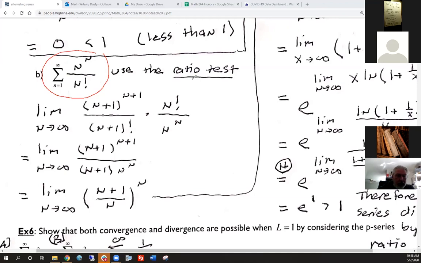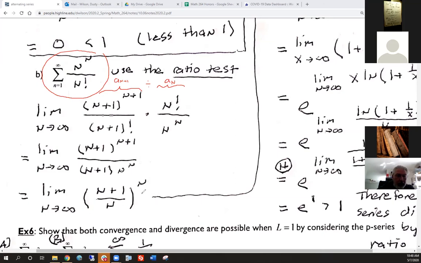When we do, we end up with the nth term, a sub n plus 1, divided by a sub n.